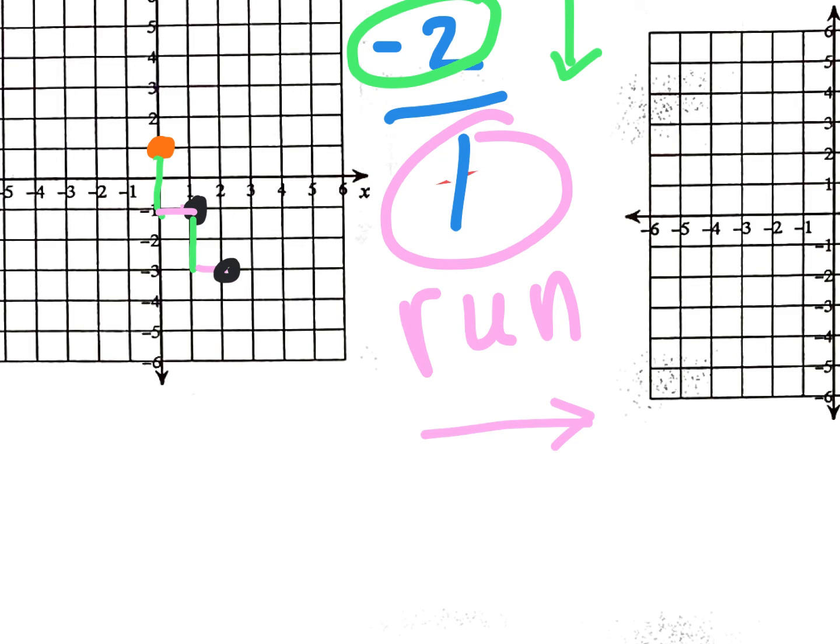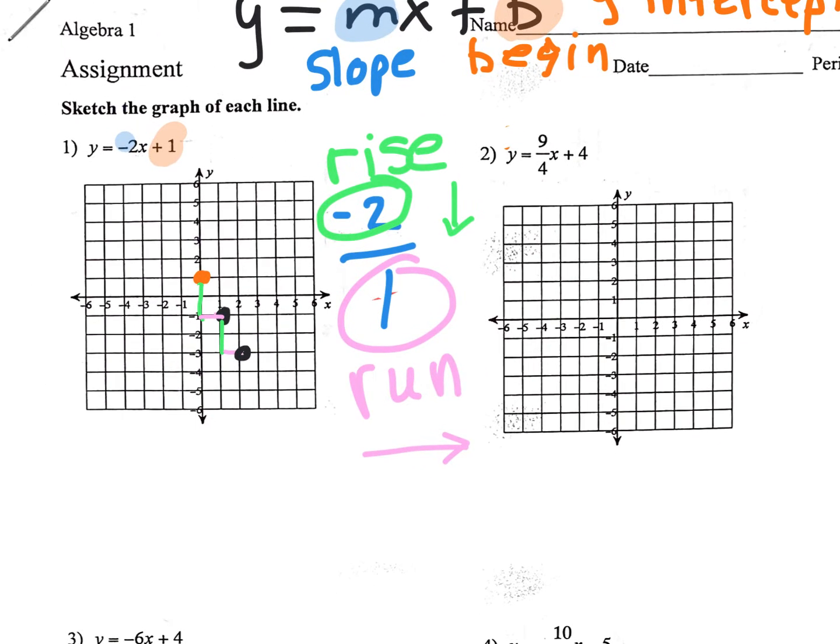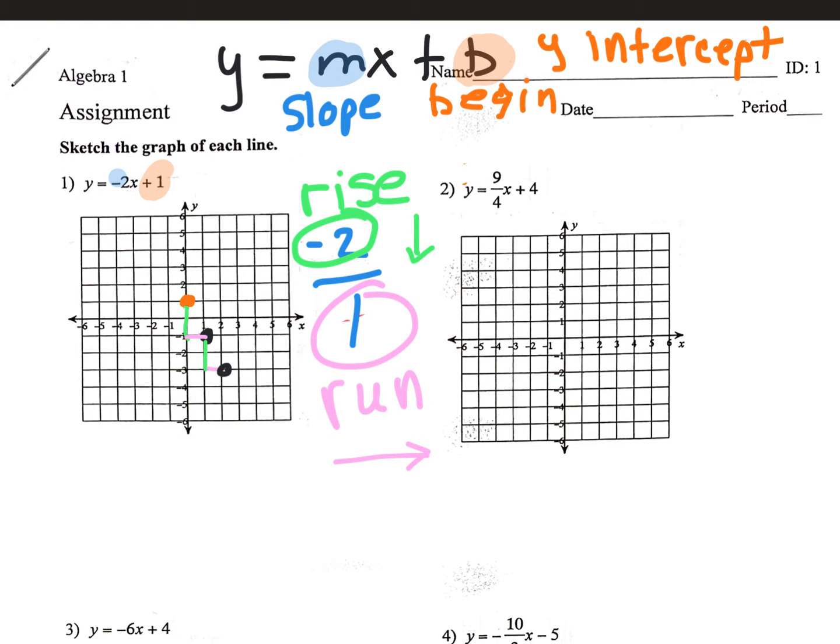You're going to do it twice so that you have a total of 3 coordinates. So I started at my beginning point, my y-intercept, my positive 1. Then I use the slope, which is rise over run, to figure out where my next 2 coordinates are going to go.